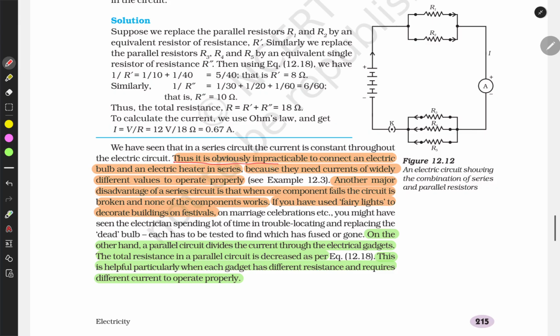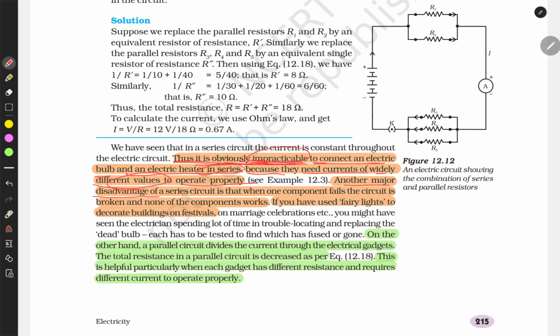Thus it is obviously impracticable to connect an electric bulb and an electric heater in series, because they need currents of widely different values to operate properly.